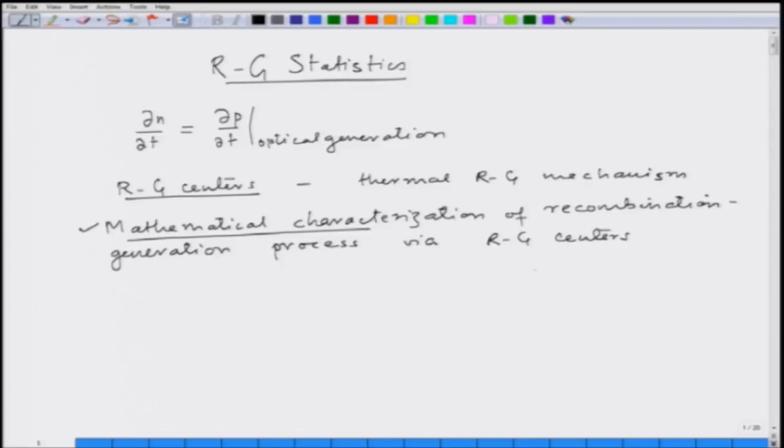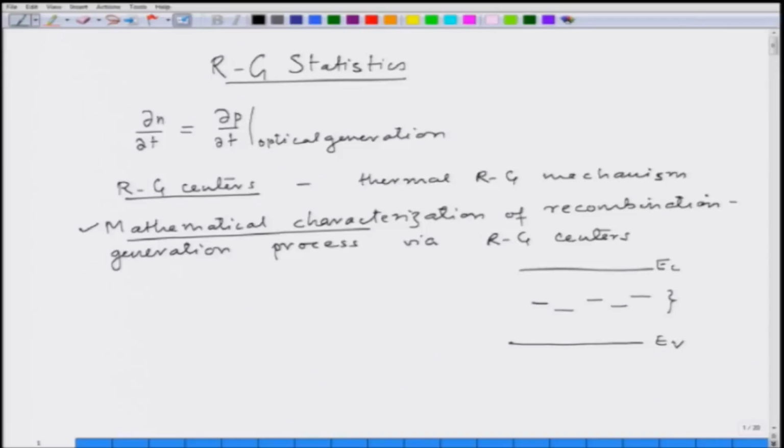Now, in the band diagram, you know that for a semiconductor you have conduction band, valence band edge, then either you have donors or acceptors, and then you mentioned that if you have centers in the middle, these act as traps or RG centers.